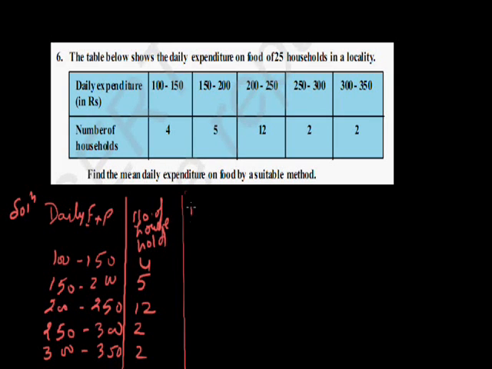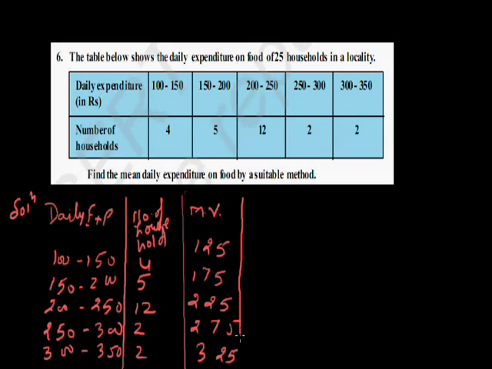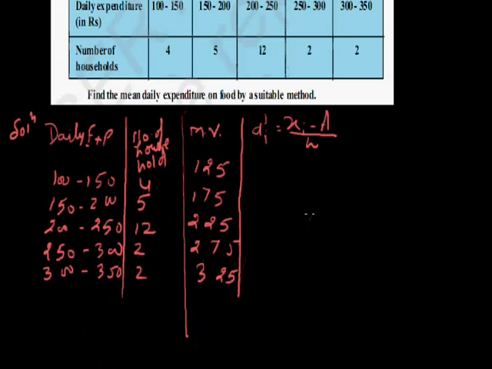First of all, find the mid value. The mid values are 125, 175, 225, 275 and 325. Now find di dash. di dash is xi minus a upon h, where h is the class interval.